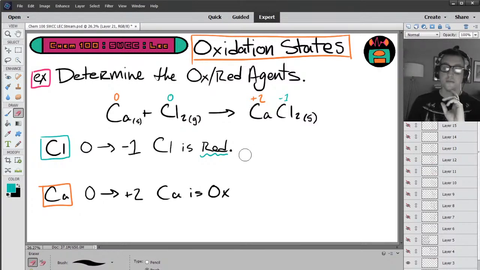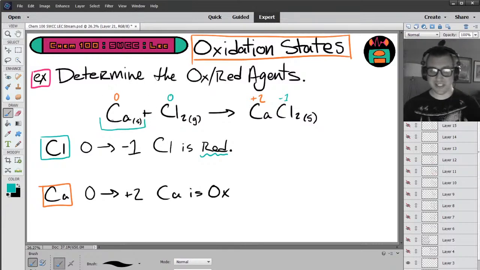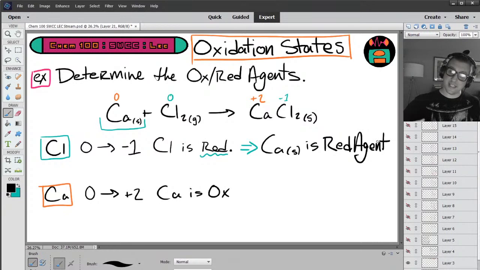And the answer is calcium is the reactant that reacts with chlorine, causing the reduction. So solid calcium is the reducing agent because it is the reactant that causes chlorine to be reduced.